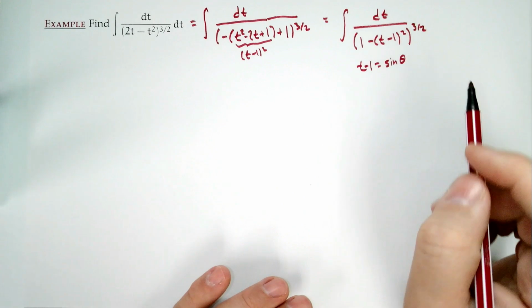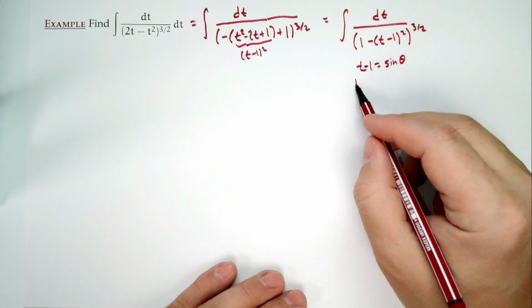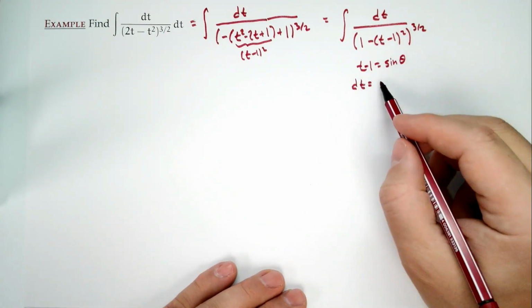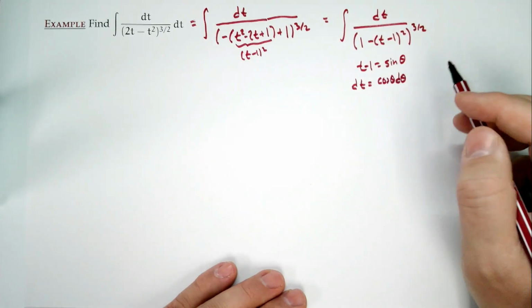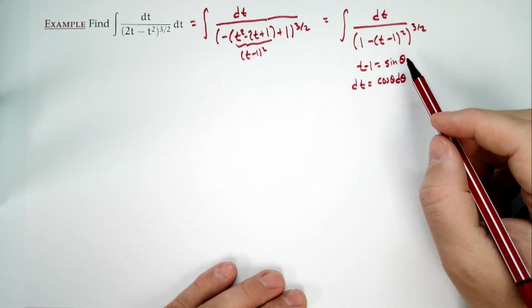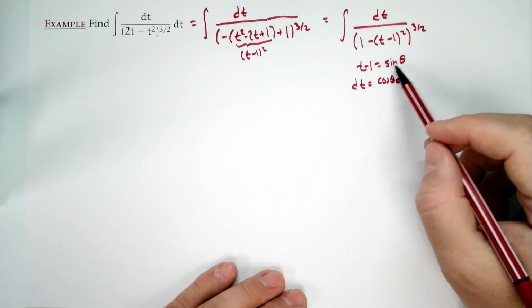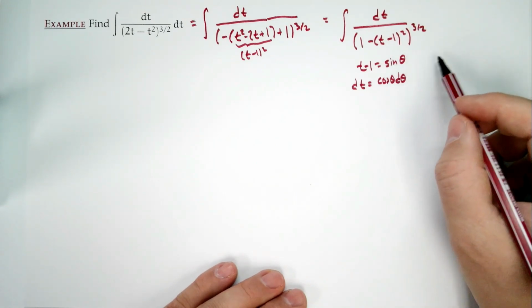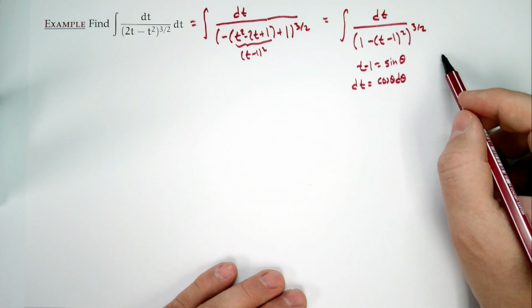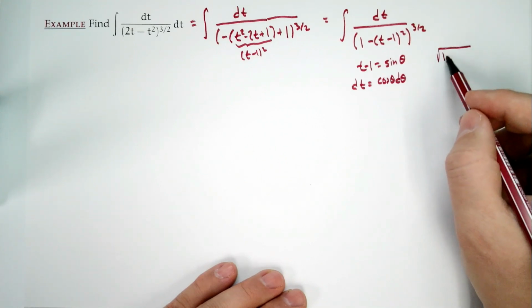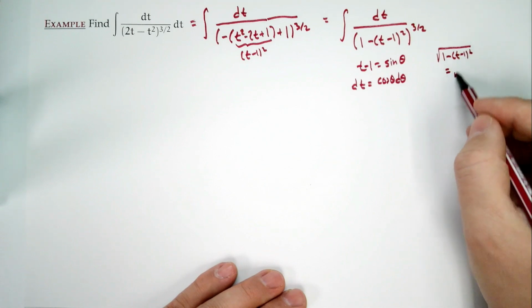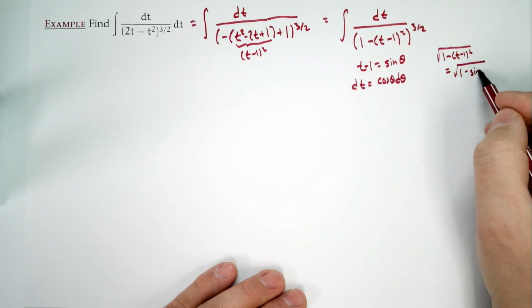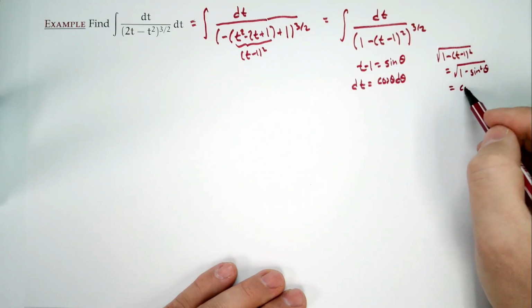So t minus 1 equals sine theta. Then that says dt is going to be cosine theta d theta. And let's see, what else do we get? Well, if we take the square root of 1 minus t minus 1 squared, that's equal to the square root of 1 minus sine squared, which is cosine.